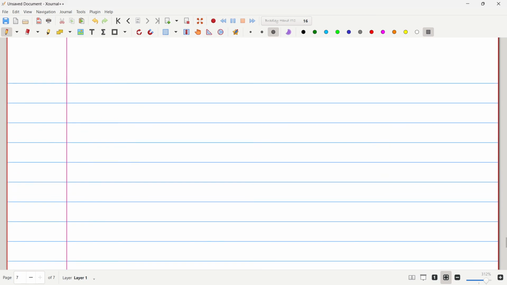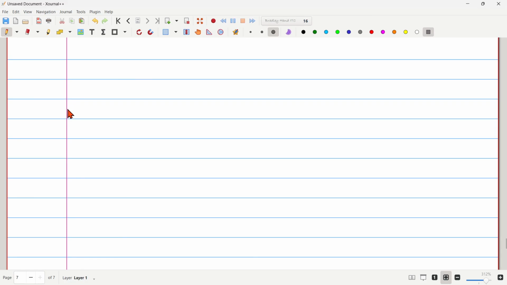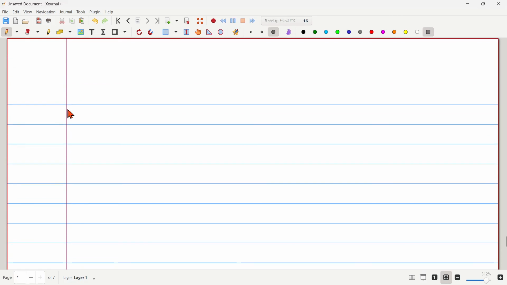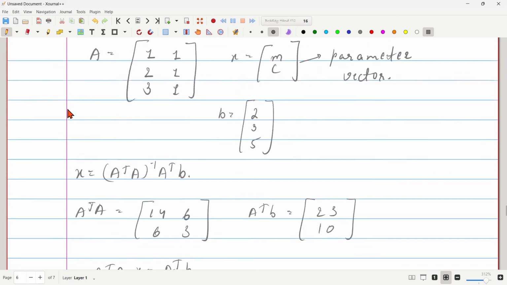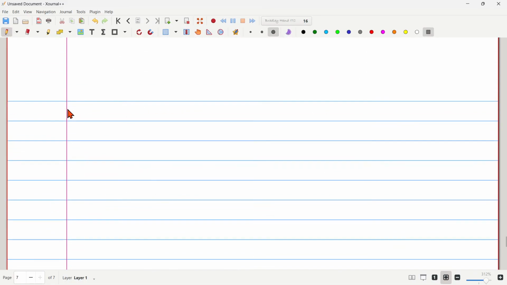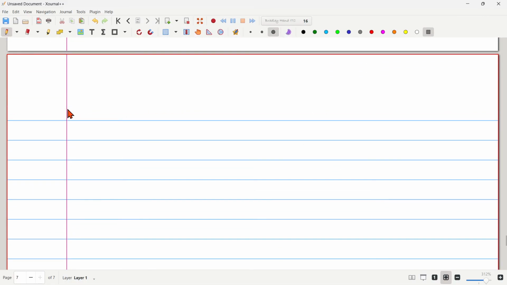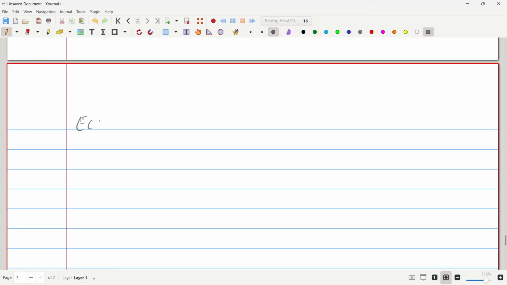Now this was least square approximation. There's a general formula for finding the error. You will never face any numerical question, but it can come as a formula question.